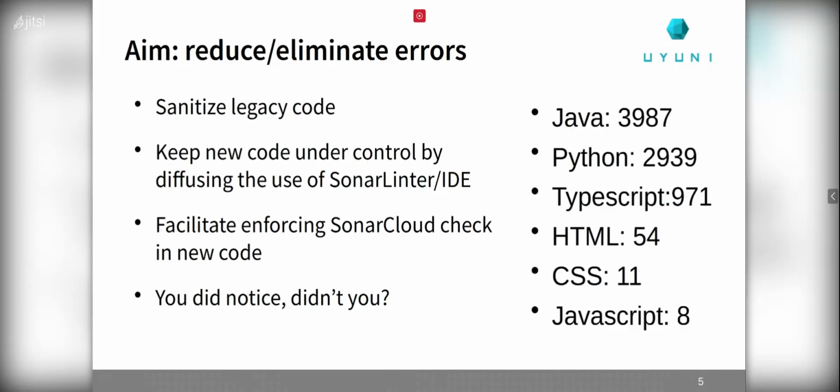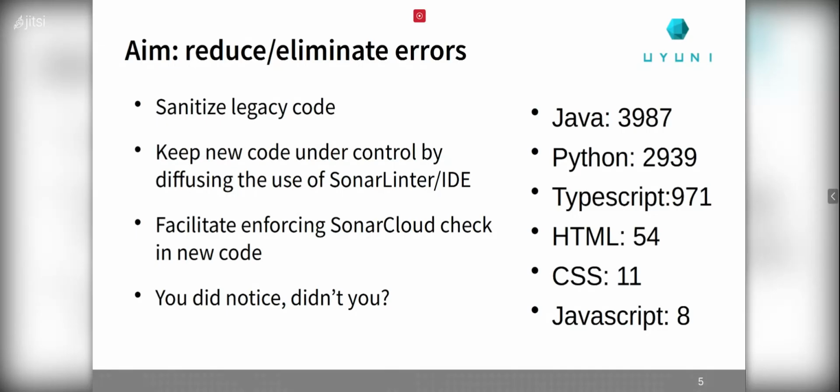This brings some advantages. For example, we can sanitize the legacy code and we can keep new code under control. In fact, if we spot that new code can introduce issues, and this is very easy with SonarLint directly in the IDE, the code can be modified directly by the author, exactly with the same procedure we are currently using, for example, for checkstyle.